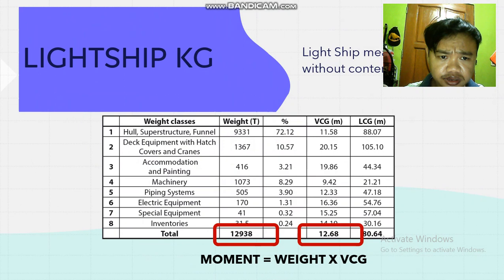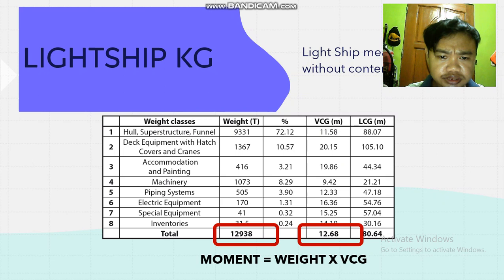Here we have the light ship condition, in which the boxed items are to be used in our formula to obtain the value of the moment.